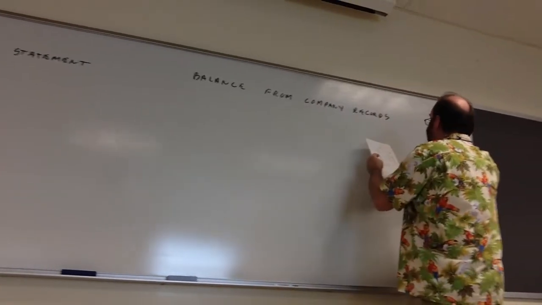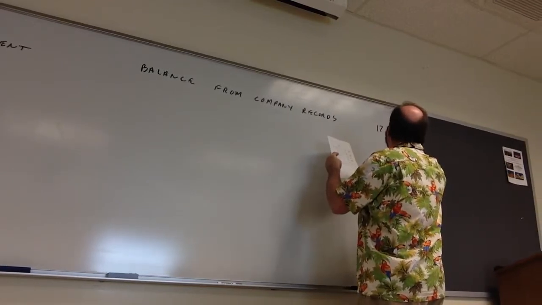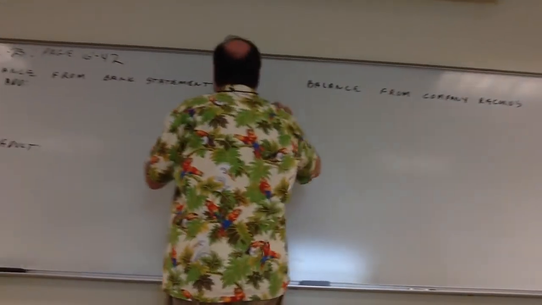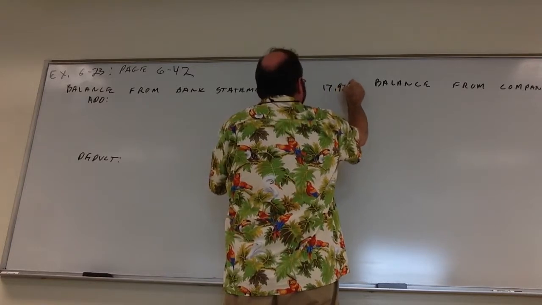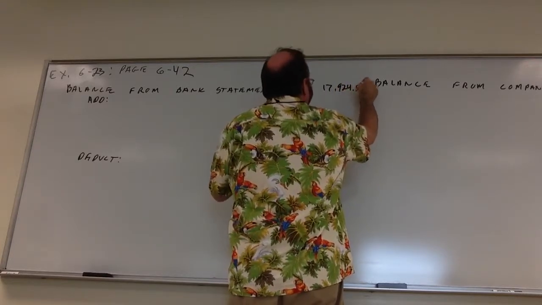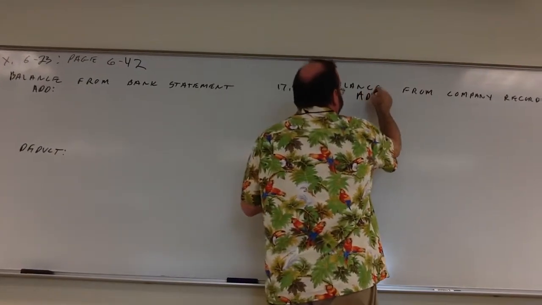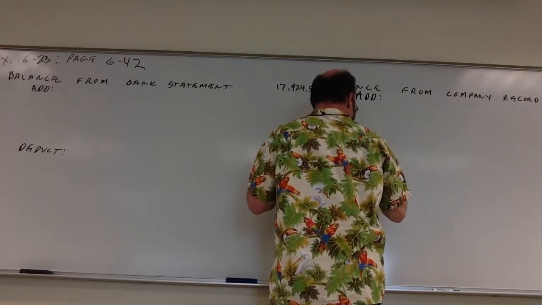So the company started with $17,198, whereas the bank has it at $17,924.55. You're going to add and deduct.